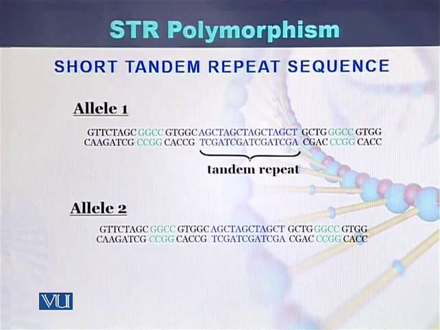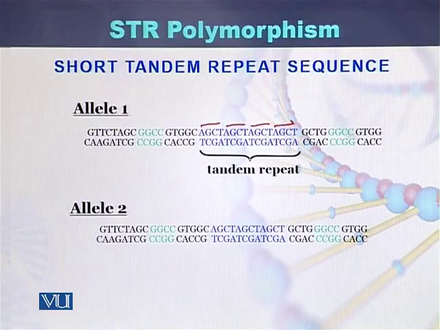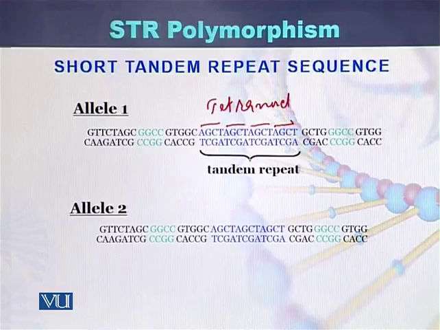Here, to understand the short tandem repeat sequence and how tandem repeats work: in this case we can see a repetition of AGCT, again AGCT, again AGCT, again AGCT. So there are 4 tandem repeats of a tetranucleotide, because these are 4 nucleotides, so we say it is a tetranucleotide.